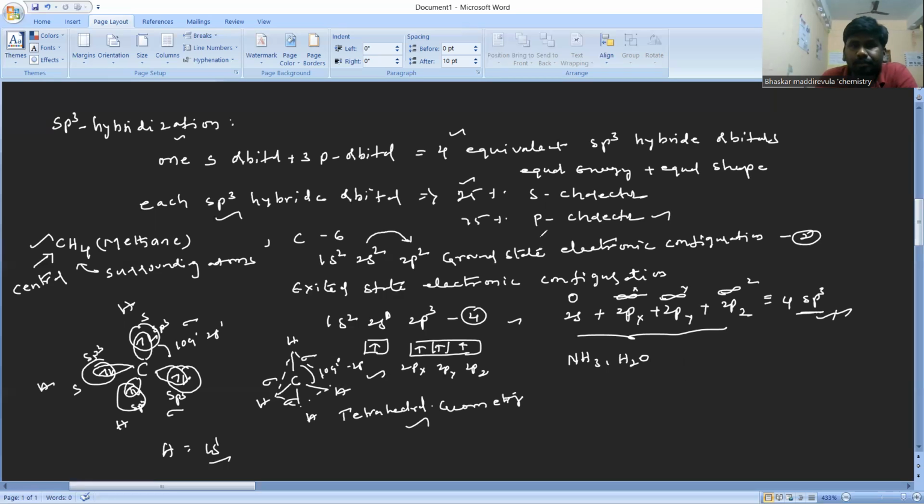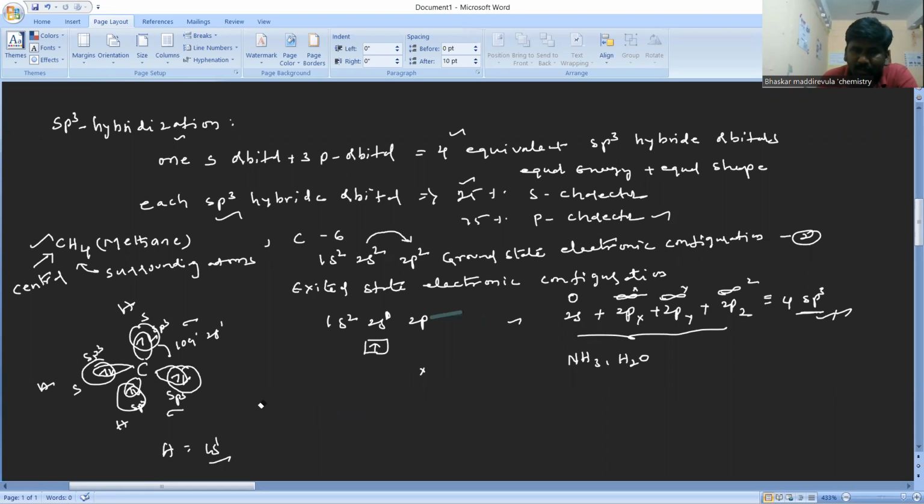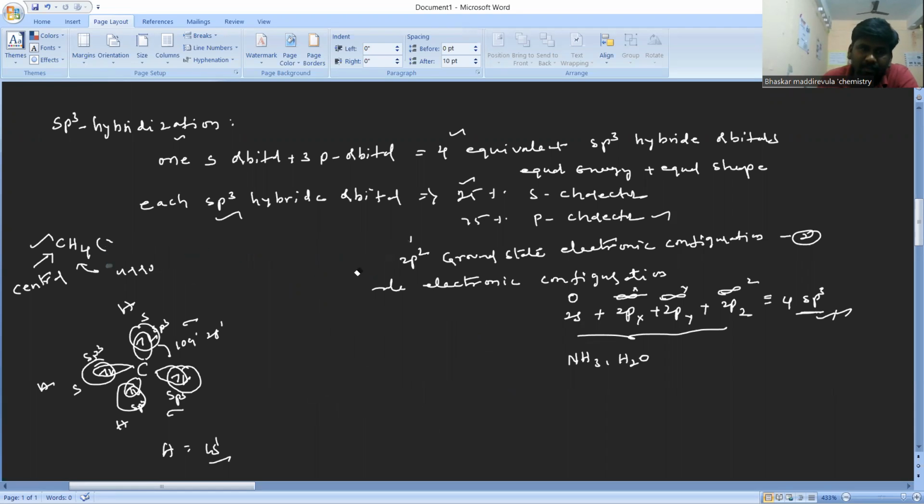For that, I'm taking the ammonia molecule first. In the case of ammonia, why is the geometry distorted from the tetrahedral?